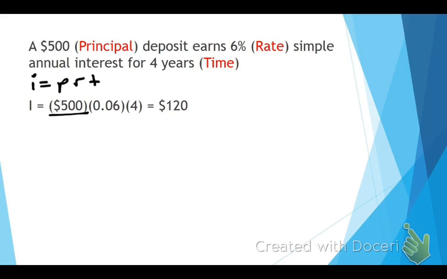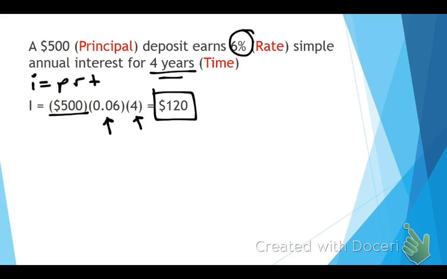The 6% that you've got up here for the rate, you always have to change it to a what? A decimal, so you can see it right there, change to 0.06. And then the years, for the T, always make sure the time is in years. So you can see right here that they multiplied it by a 4. How much interest did they make when they put it in as $500? In 4 years, how much interest did they make?